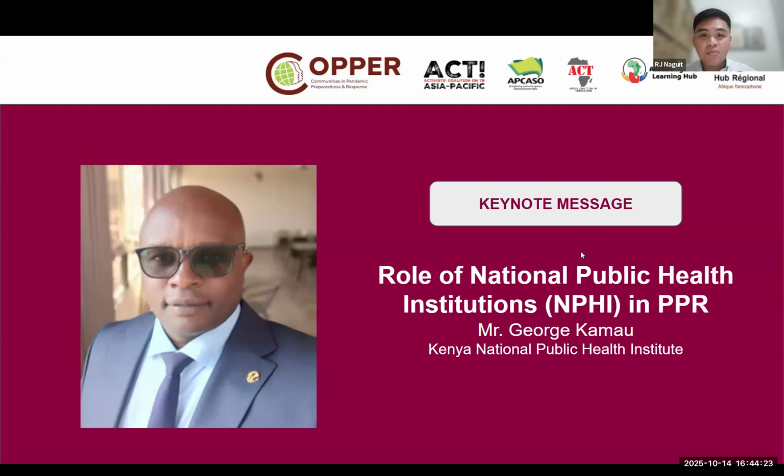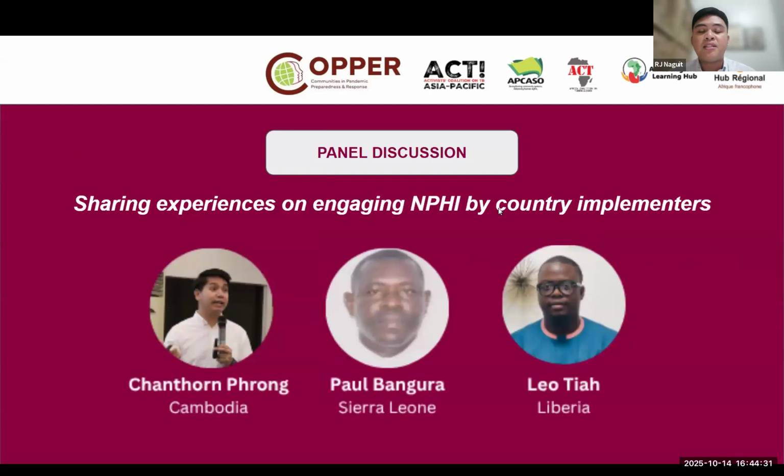Okay, so now let's proceed to the next part of our discussion, which will be a sharing of country level experiences from civil society. We have three gentlemen who will be sharing their experience. So we have first Chantorn Prong from Cambodia.